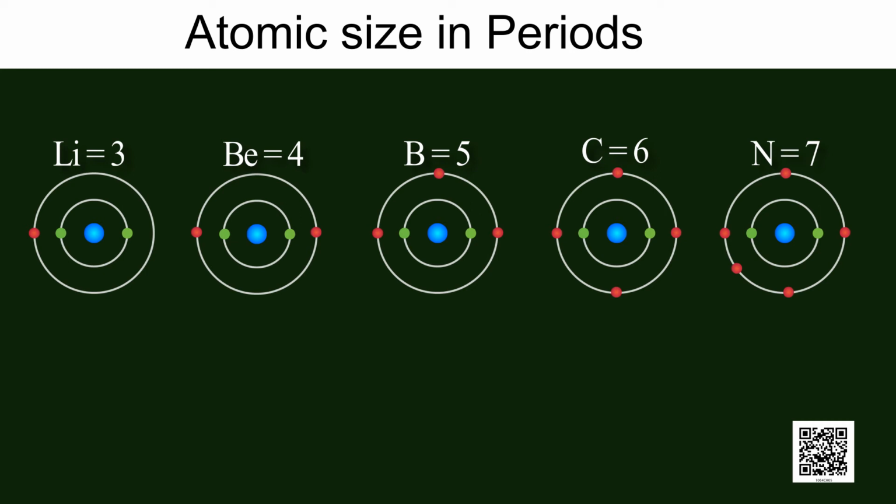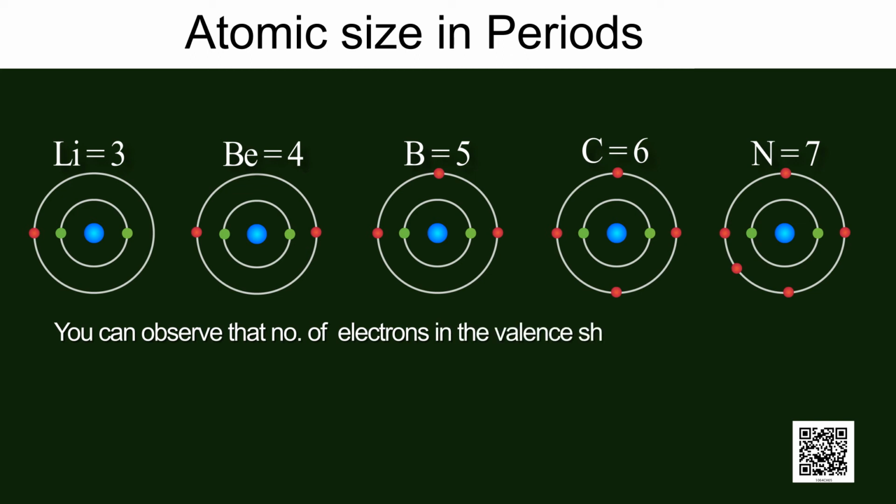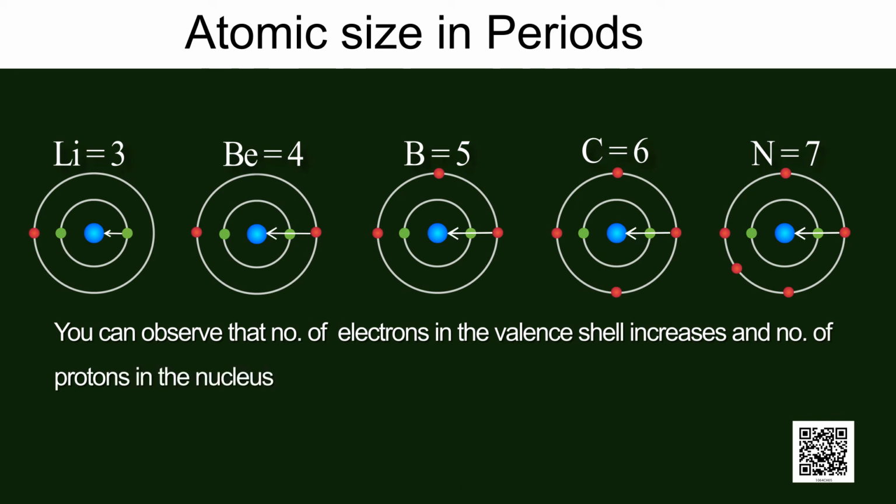If you look carefully, you can observe that the number of electrons in the valence shell increases and the number of protons in the nucleus also increases. It results in the increase of nuclear charge.